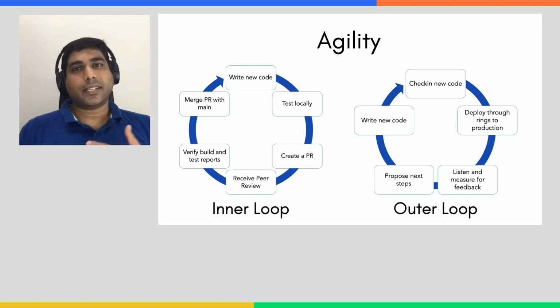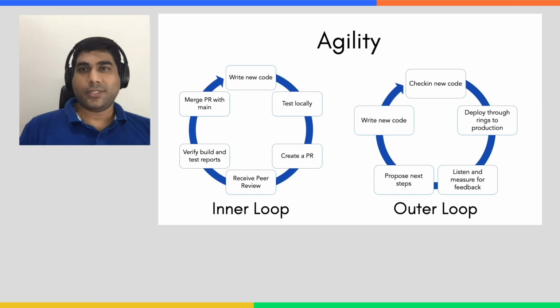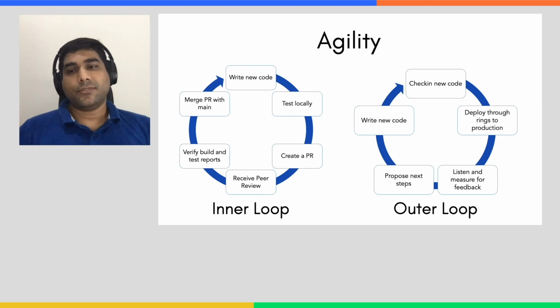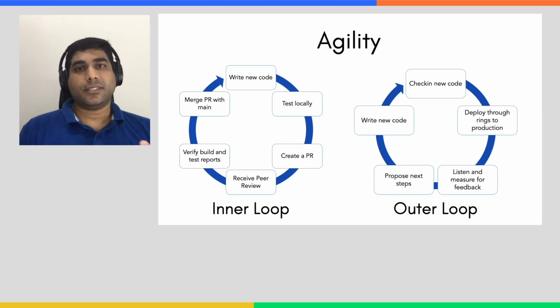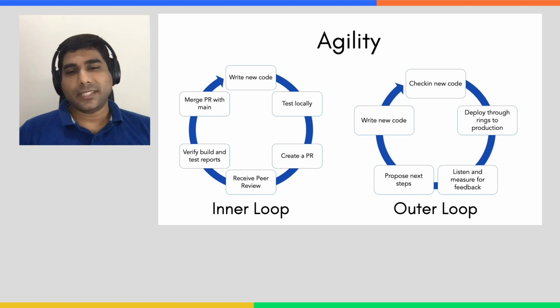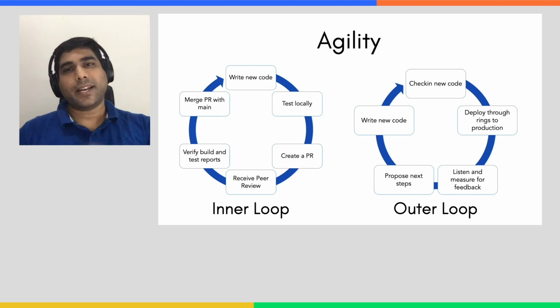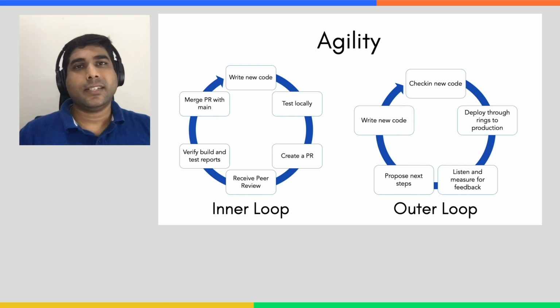The outer loop consists of actions after the code is checked in, right? So we deploy it through different rings to production, listen and measure feedback, propose what are the next steps to improve a feature or a certain component, and then write code and go back to the inner loop again, right?